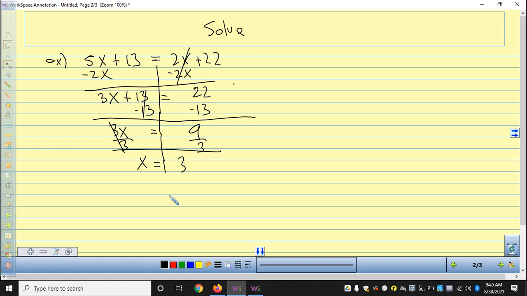And we could check our work if we wanted by plugging 3 back into the equation for x on both sides.